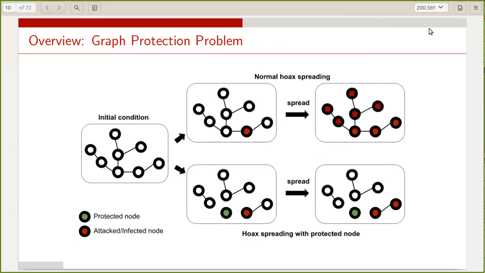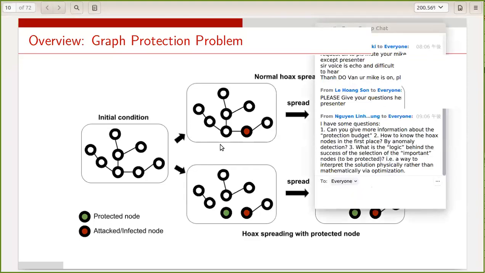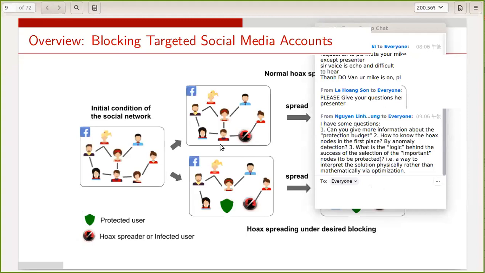The three questions there. Simple questions, Professor Lin. The first one is about the protection budget. The protection budget is actually the number of users that we are able to protect.